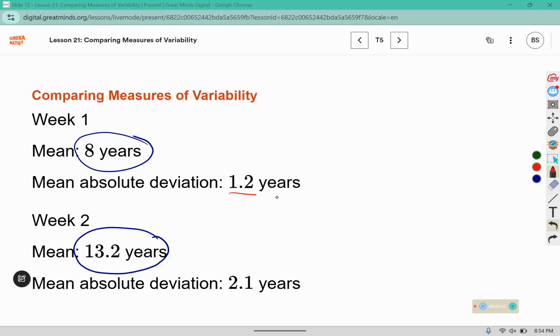The mean absolute deviation here was 1.2 years, meaning typically the campers were 1.2 years away from this mean, and in this one they were 2.1 years away from that mean. Based on this data, week 2 has more variability because 2.1 is bigger than 1.2.